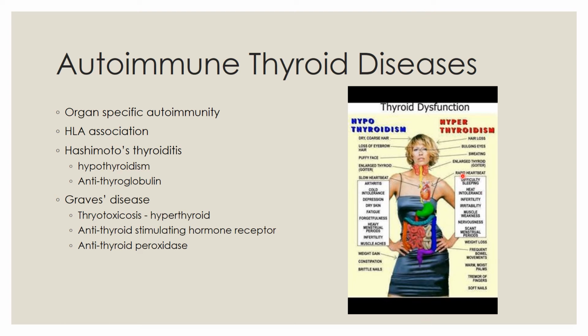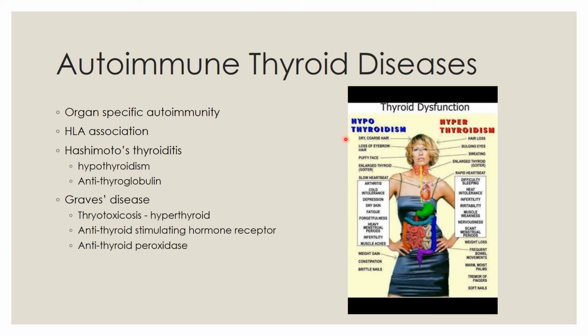If you see this lovely picture here for this woman, I'm not sure if this is the top or the bottom of her modeling career, but the hypothyroidism over here, you can see the changes that go on in your body, and they could be extreme or slight, mild.